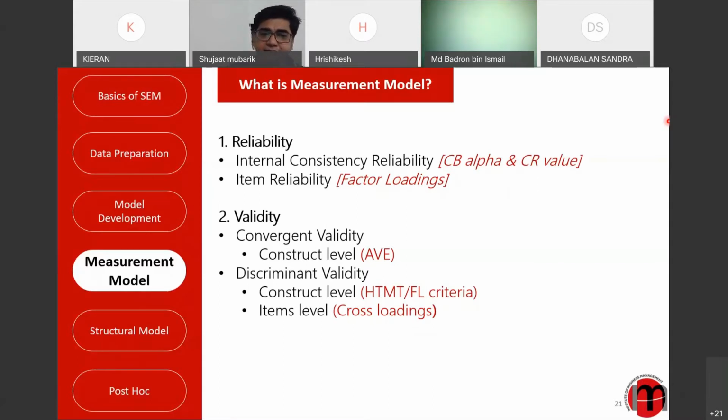For example, it happens that we take 2 constructs that are similar, and we do not need to take both constructs. I was reviewing a research paper in which they took 2 parameters of performance. One was a measure of performance based on productivity, and that was an adopted questionnaire. The other was an overall performance measure. One was labeled performance, the other productivity.